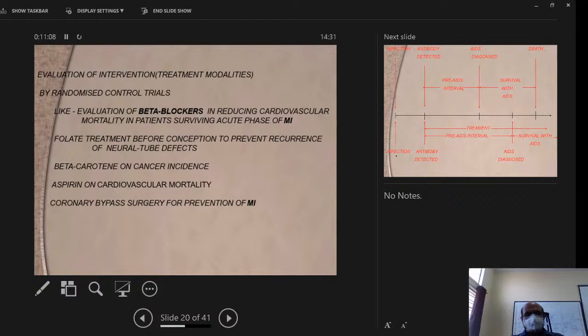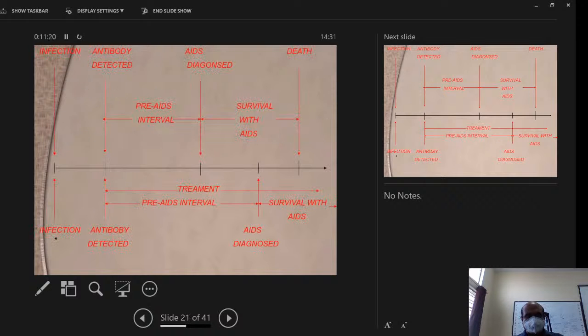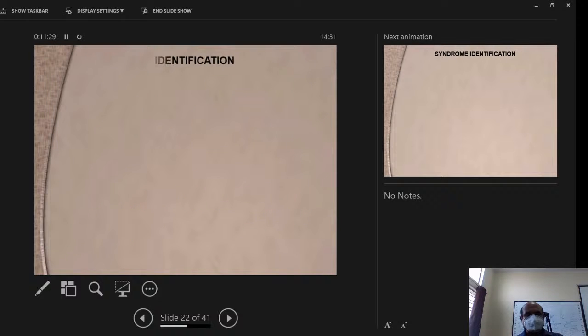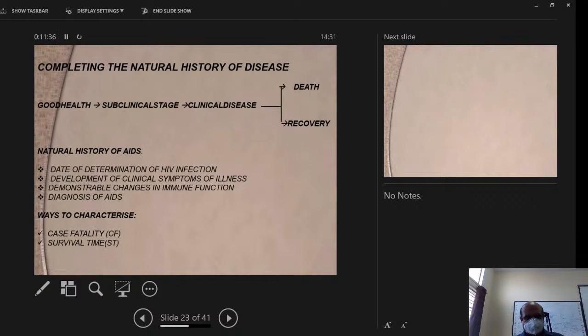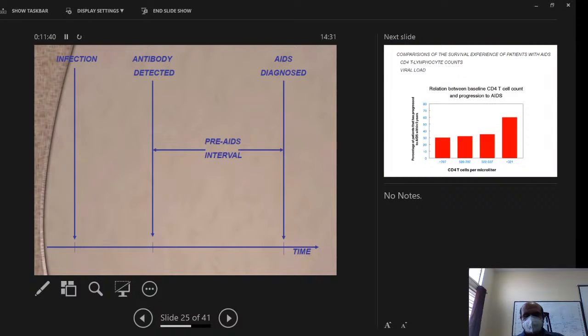Evaluation of intervention is done by randomized control trial, like beta blockers, that is an example. These are all examples.